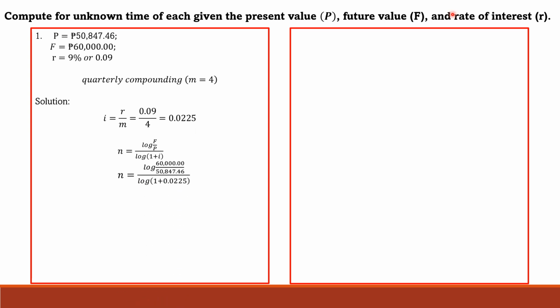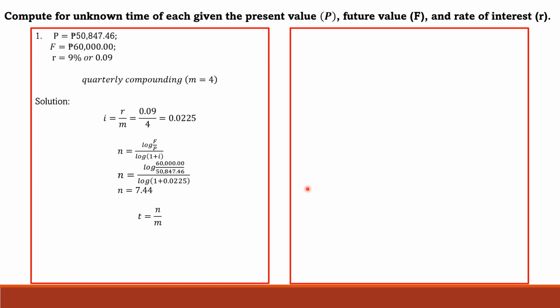Yan po ang ating isa-substitute dito. So, logarithm of ang final amount natin 60,000 pesos divided by ang atin pong present value is 50,847.46 all over logarithm of 1 plus, eto po yung I natin, 0.0225. Okay, so anong magiging value ng N natin? N is equal to 7.44.